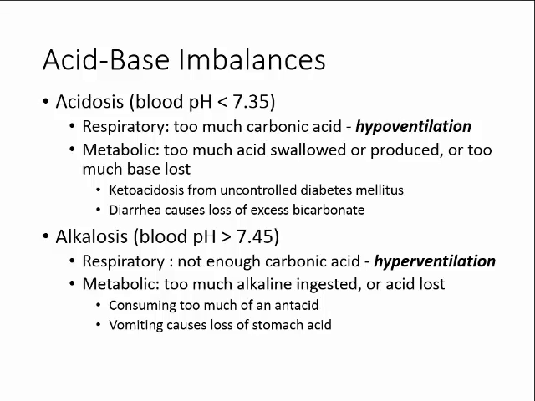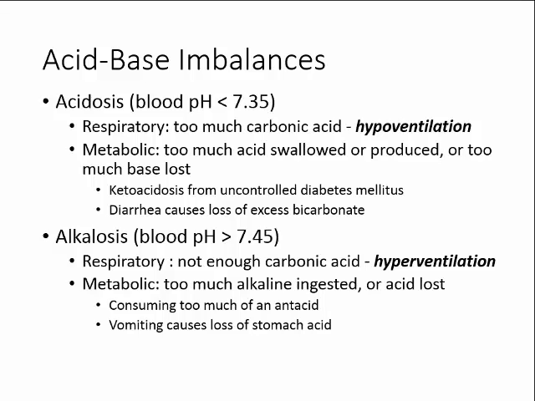An acid-base imbalance occurs when the pH gets outside of the normal range. Acidosis is a blood pH lower than 7.35, and alkalosis is a blood pH higher than 7.45. Acidosis can be caused by a respiratory imbalance or a metabolic problem.